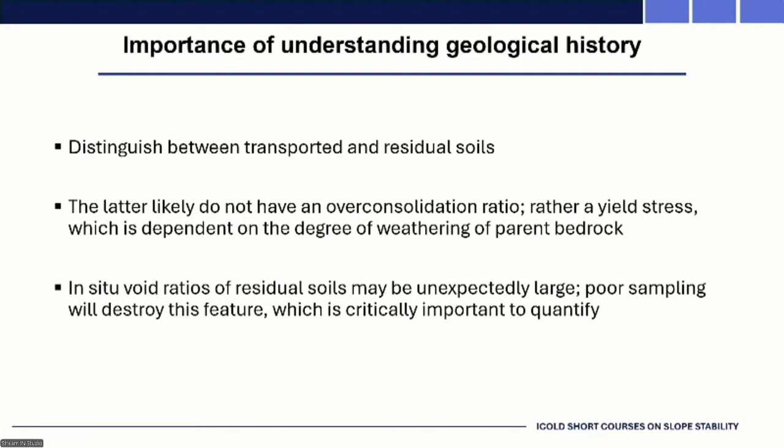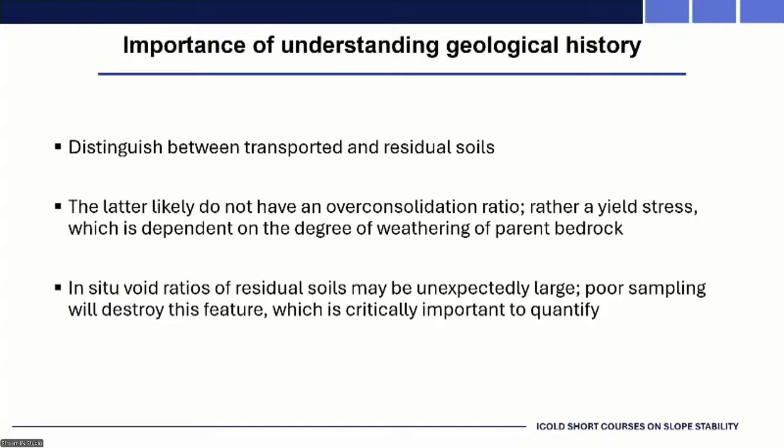Now, it seems obvious, but understanding your geology is crucially important, and at least for the time I was here, it was done extremely well in South Africa. But residual soils, weathered in situ, don't actually have an overconsolidation ratio. They have what I think we should call a yield stress. So what's the difference?